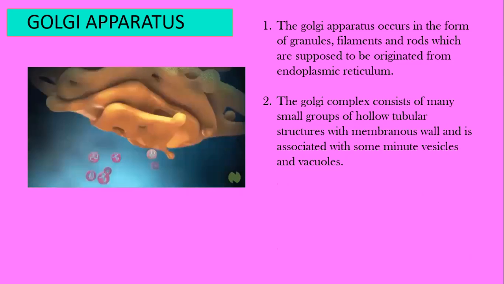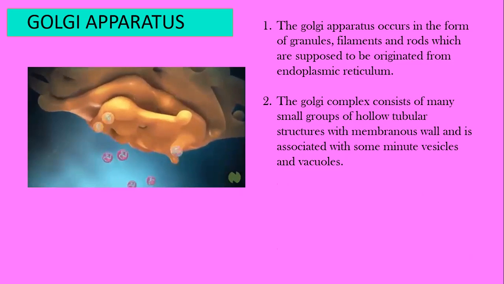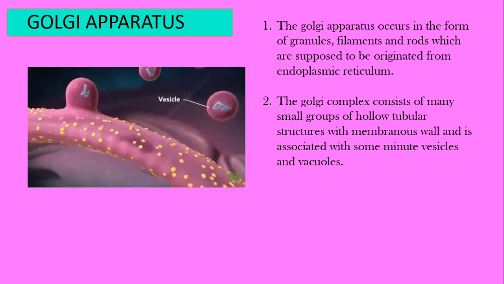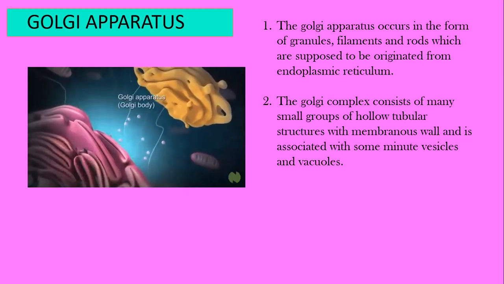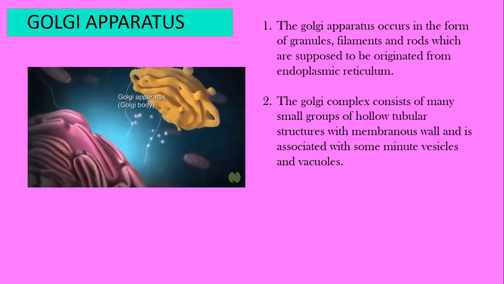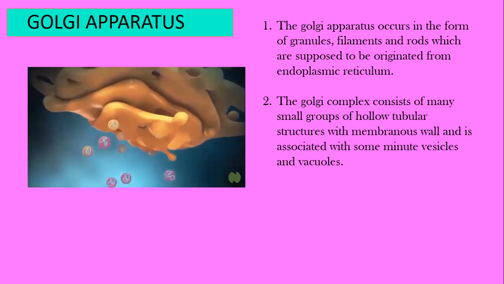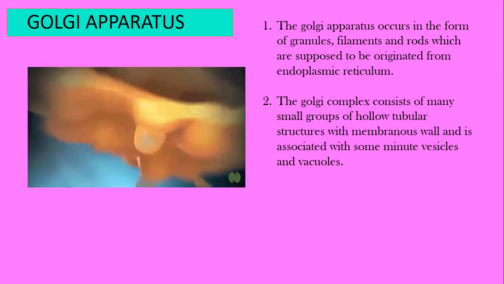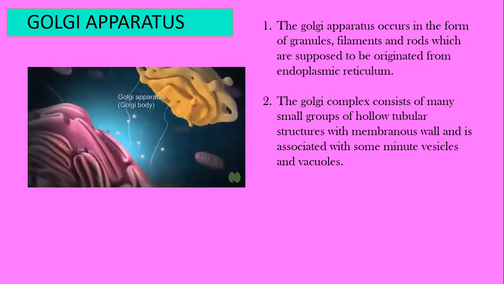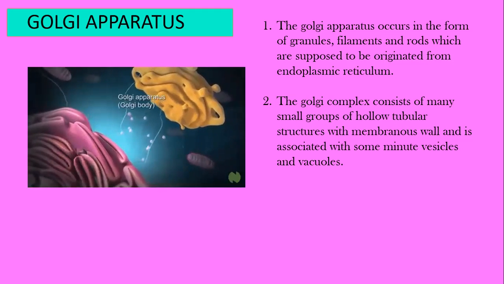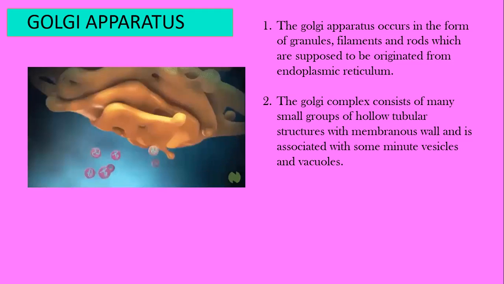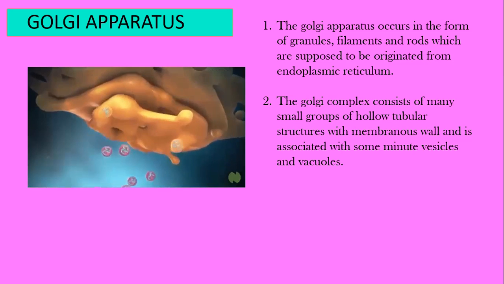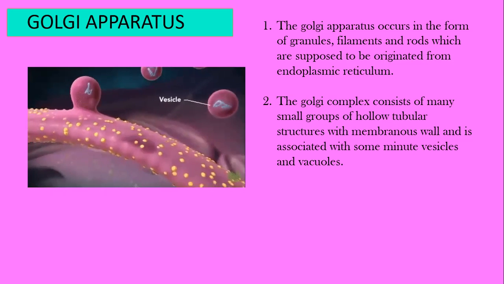So it is made up of tubular structures with membranous walls and is associated with some vesicles and vacuoles. We can see that this is a fluid filled body, which is getting inside this Golgi body, and these are forming the Golgi body.